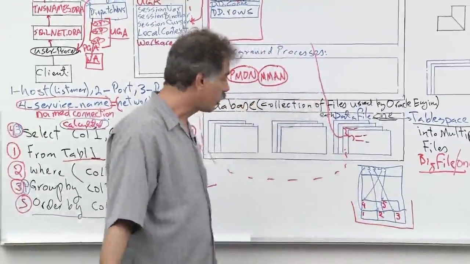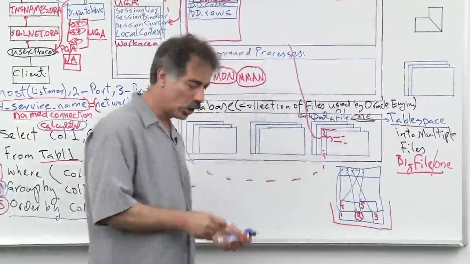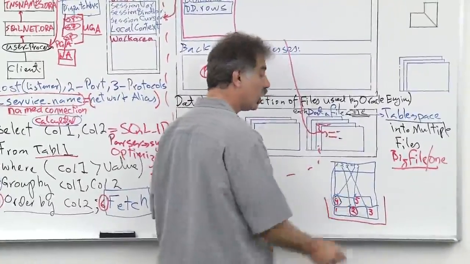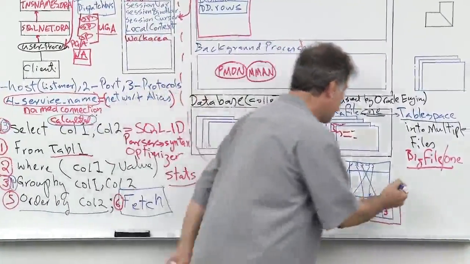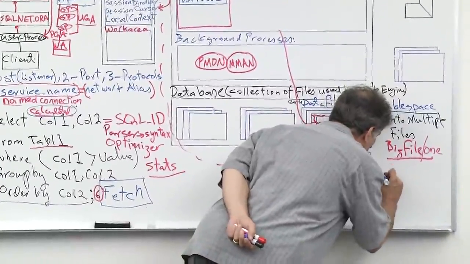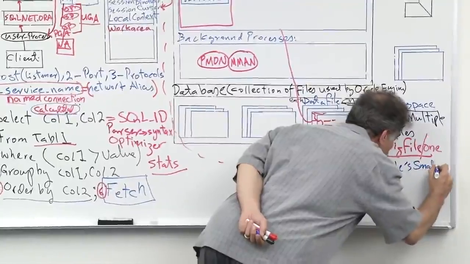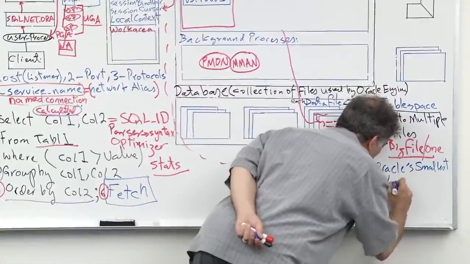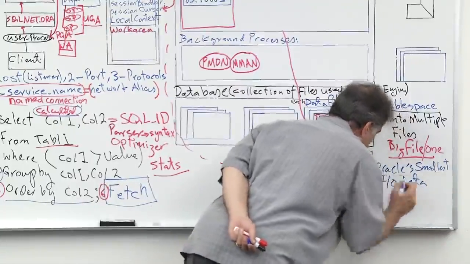So if Ron's record is record number 2 here, then John's record could be record number 4. Therefore, if I read this block, which is Oracle's smallest I/O data, okay?